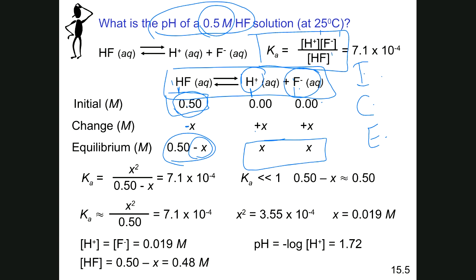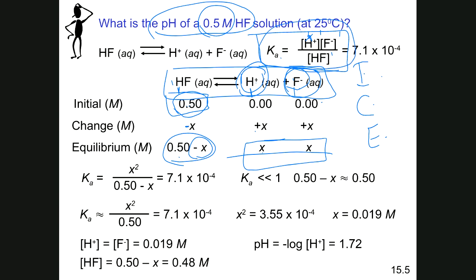Then to solve for X, or solve for the concentration of H plus, when you find the value for X, you find the concentration for H plus. If you have the value for X, you also find the concentration for F minus. They are the same values. You replace the concentrations at equilibrium into the equilibrium expression for the acid.